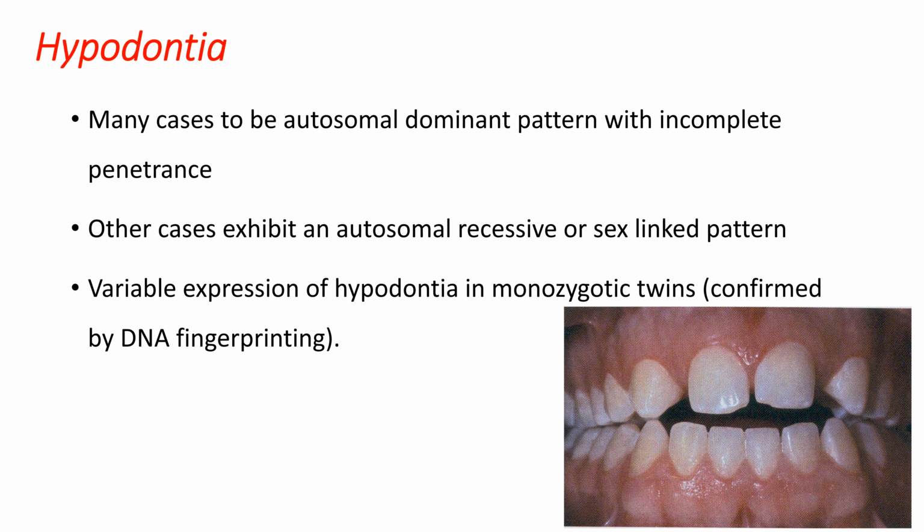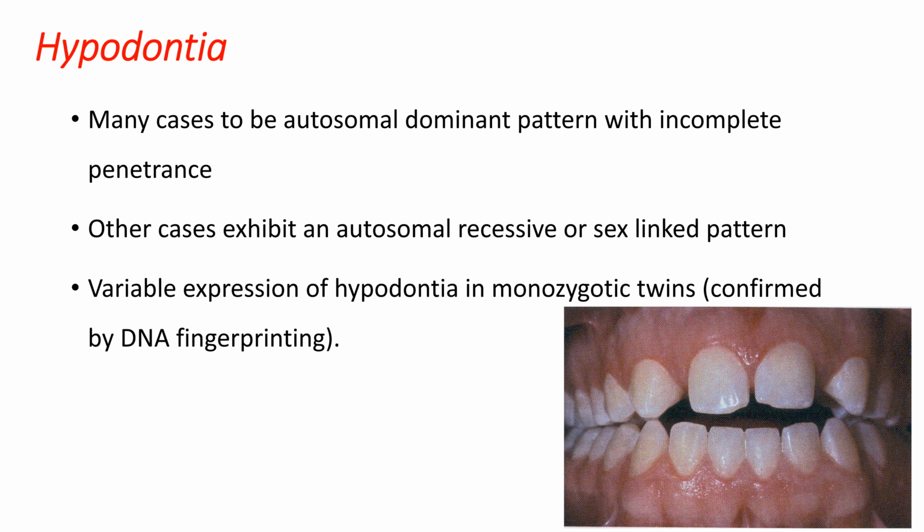Then hypodontia. Many cases of primary hypodontia appear to be an autosomal dominant pattern with incomplete penetrance and variable expressivity. But other cases exhibit support for an autosomal recessive or sex-linked pattern. Several investigators have reported variable expressions of hypodontia in monozygotic twins, which was confirmed by DNA fingerprinting.